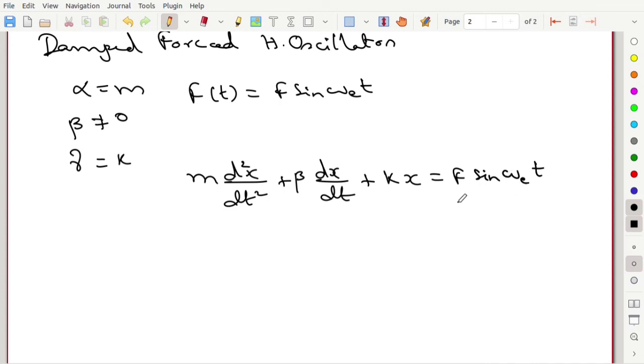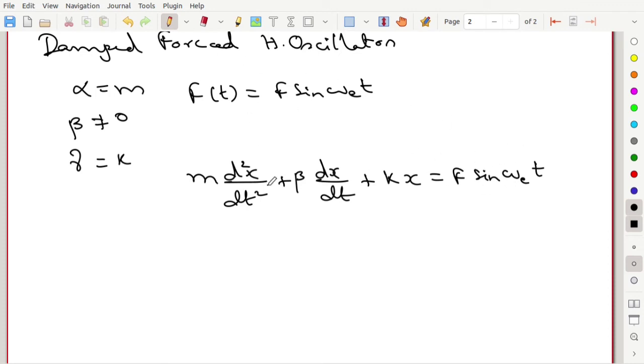Okay, so this is also an example of a non-homogeneous differential equation, because we have a function of our independent variable. It is damped because we have a velocity term here, and it is forced because we have a forcing term here.